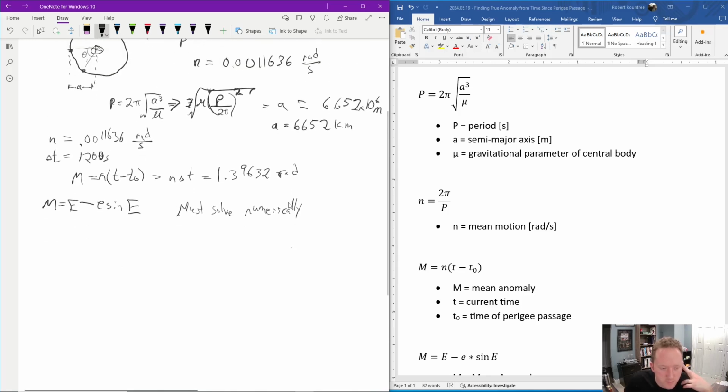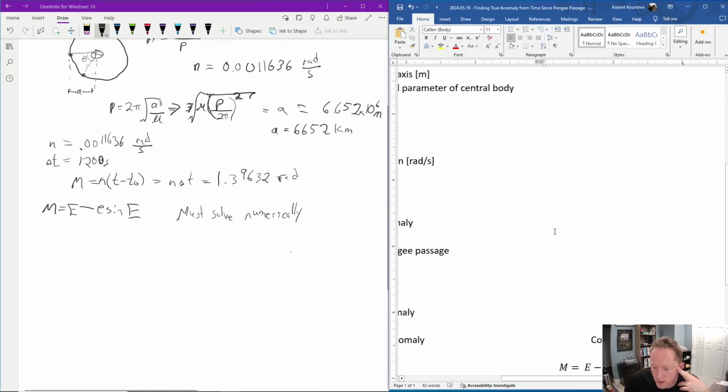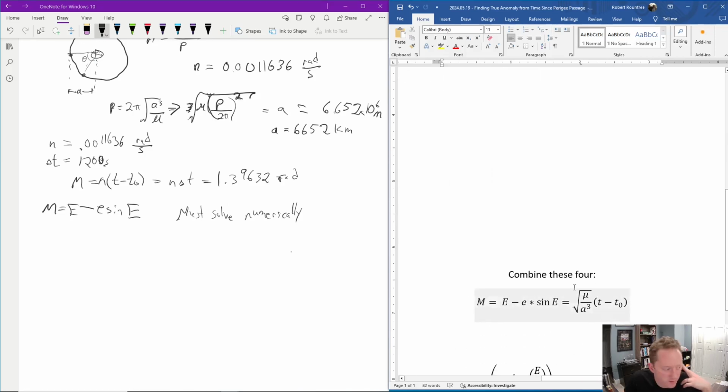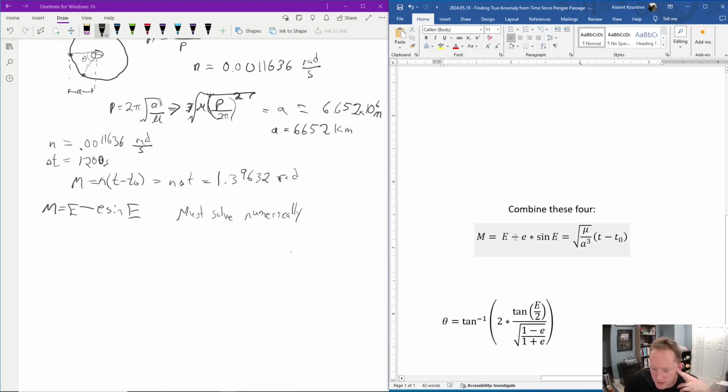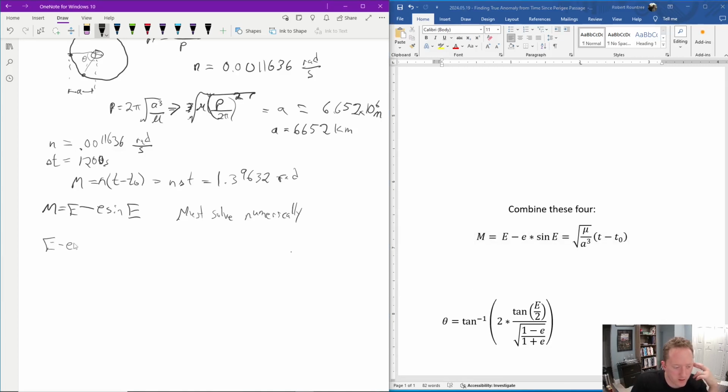But from an equation perspective, you can skip all this and just come down here to say that your eccentric anomaly minus your eccentricity times the sine of your eccentric anomaly is equal to the square root of mu over a cubed times delta t. Sorry, my writing is terrible. This is just combining those four equations we just did, but it's good to know where you're coming from, so you actually understand what's going on.